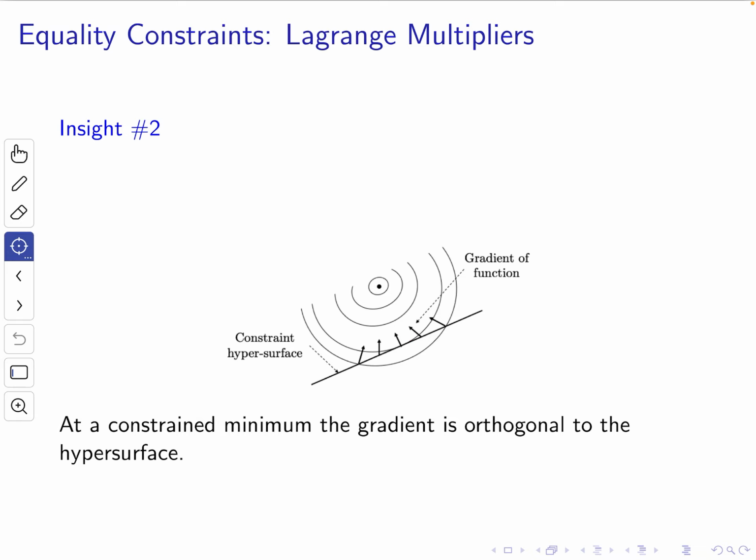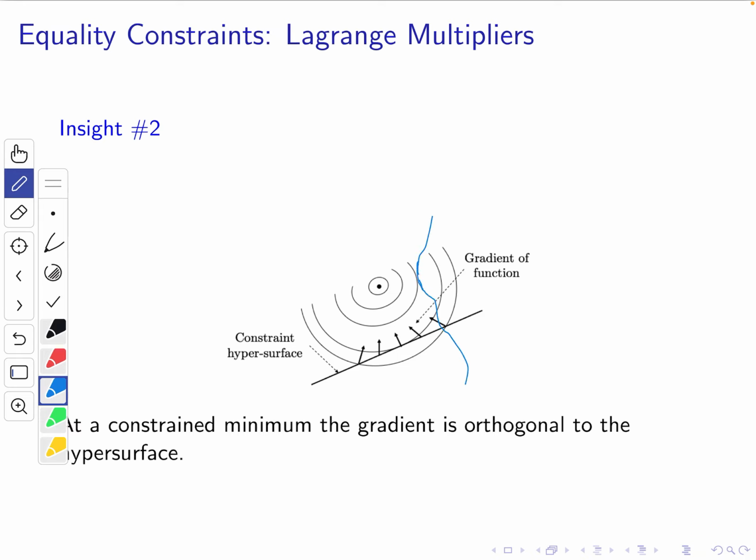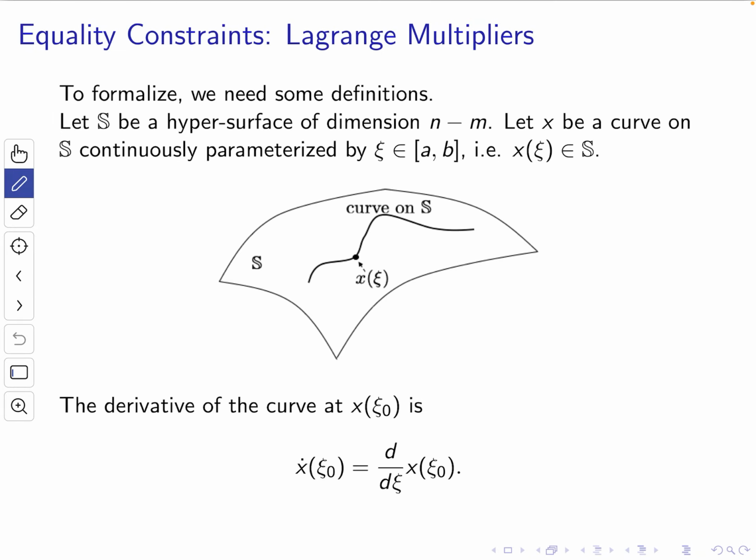And that's also going to be true, for example, if it was a nonlinear function like that, right? If this is a local minimum, then the gradient of that, or it could point in the other direction, is going to be orthogonal to the tangent plane of the hypersurface. Okay, so we're going to use these insights essentially to help us derive solution techniques for constraint optimization problems.